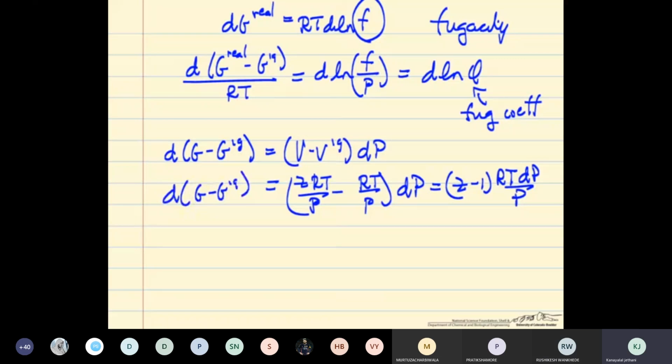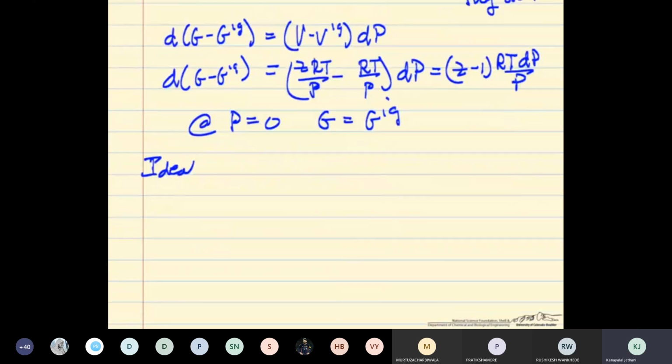Note that as pressure approaches 0, then G approaches the ideal gas value. So the real gas value and the ideal gas value of Gibbs free energy are the same at low pressures, where gases become ideal gases. So for an ideal gas, the fugacity is just the pressure.